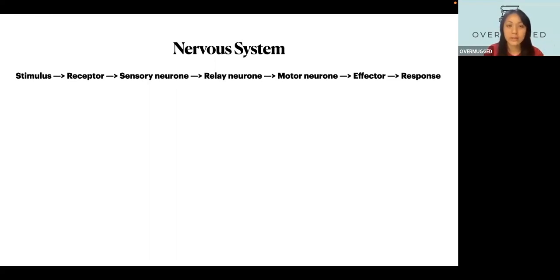So these are the nervous system part, the focus of the nervous system. And then the last part is the effector. The effector is whatever muscle will be working to bring about a response. For example, if you get pricked by a needle, then the effector is the muscle that brings about a response, so it will be a bicep muscle or hand muscle.